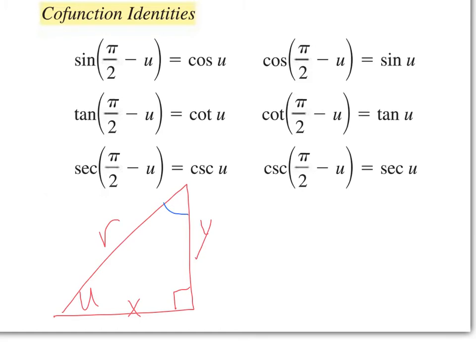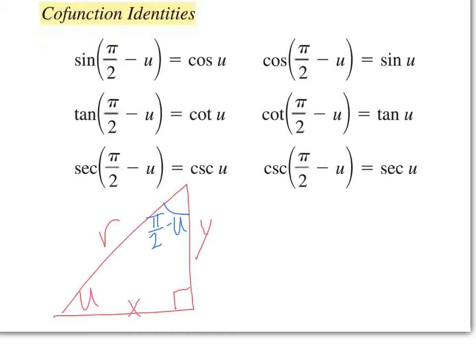There's 180 degrees in a triangle. I've got 90 in my right angle. Take away the 90, now I've just got 90 left. So this is going to be 90 minus u. Well, most of the time we're in radians, and 90 is pi over 2, so pi over 2 minus u would be the equivalent.